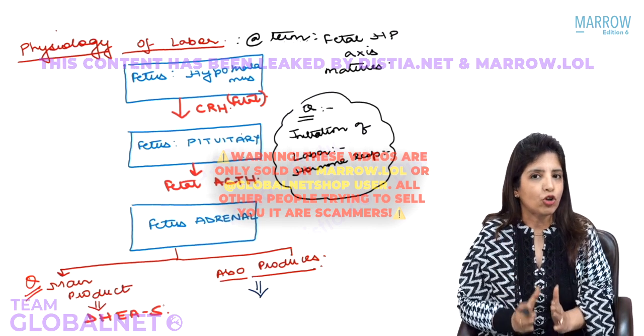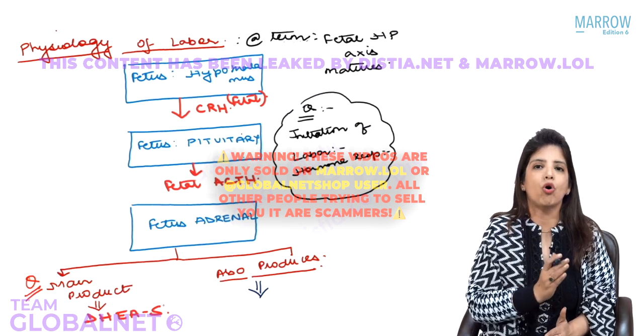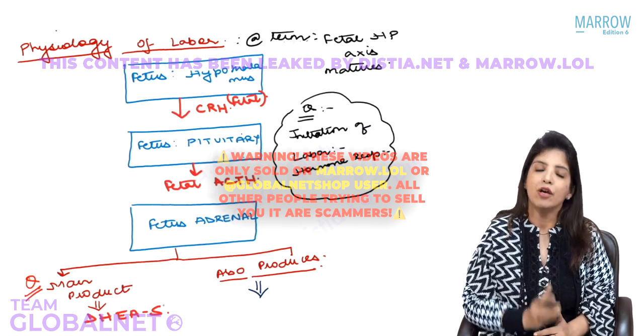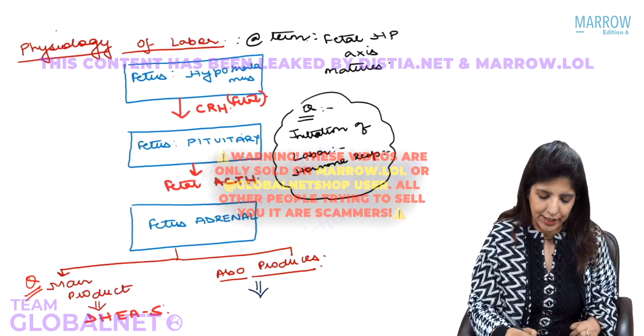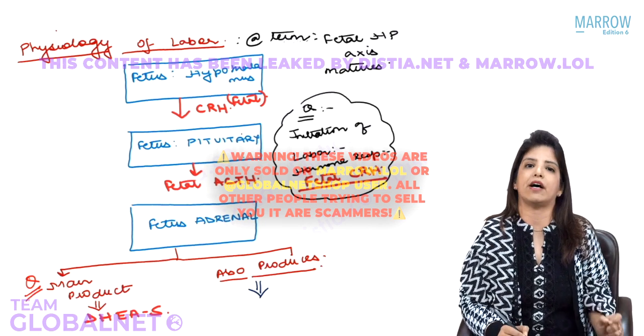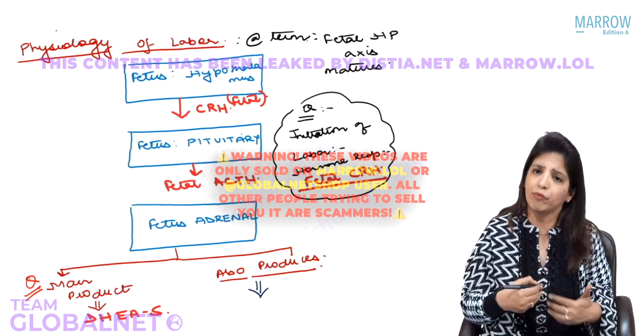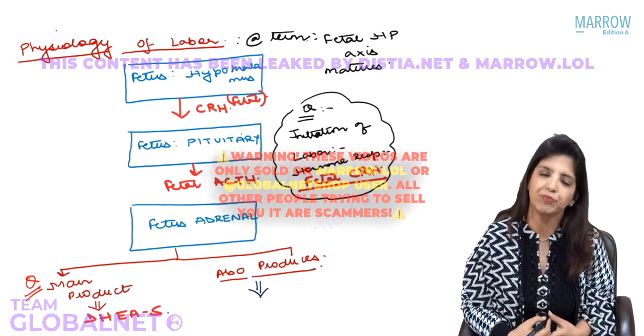So now if your question is, for initiation of labor, which hormone is responsible? It is fetal CRH. It is the fetal CRH which is responsible for initiation of labor. And I'm going to tell you how it is responsible, right?